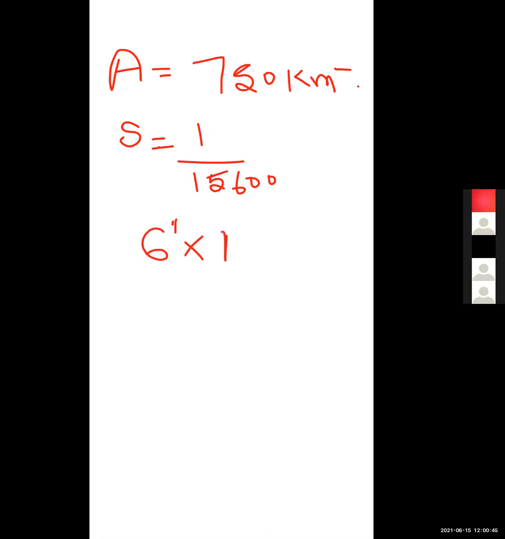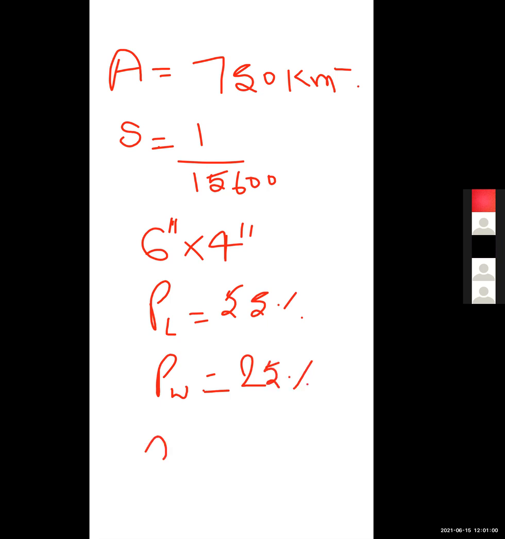The longitudinal overlap PL is given as 55%, and the side overlap PW is given as 25%. Find the number of photographs, that is N1 into N2.